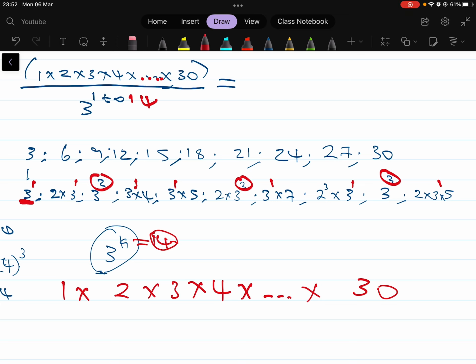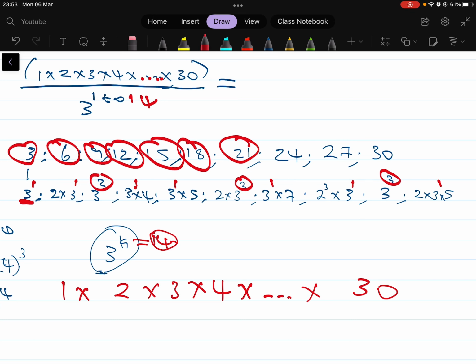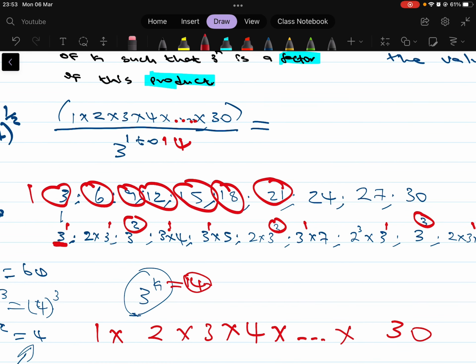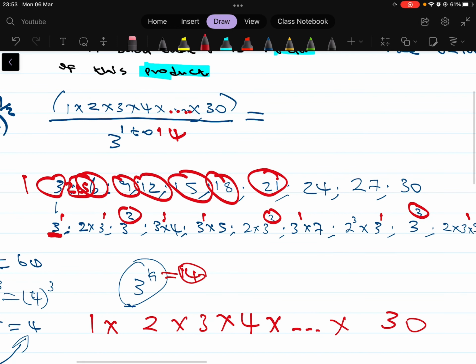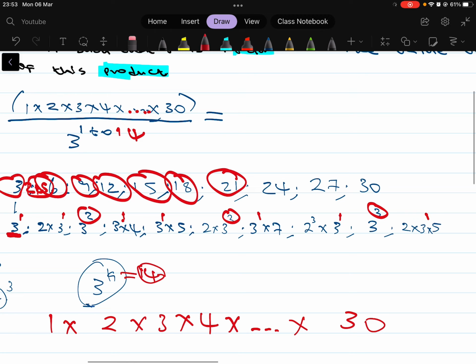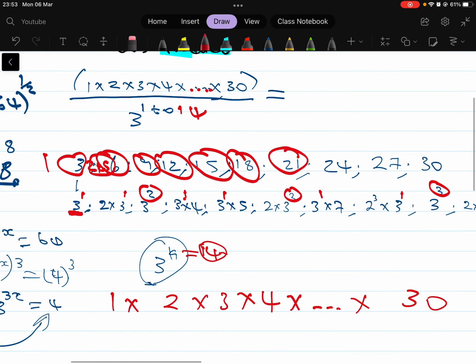Only the ones which are multiples of 3 can be written in terms of 3. As for the others that come in between, like 1, 2, 4, 5, you really can't write them in terms of 3. So just forget about that. The only ones that can be written in terms of 3 are the multiples of 3.